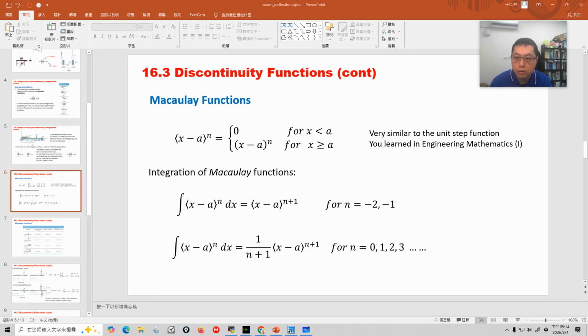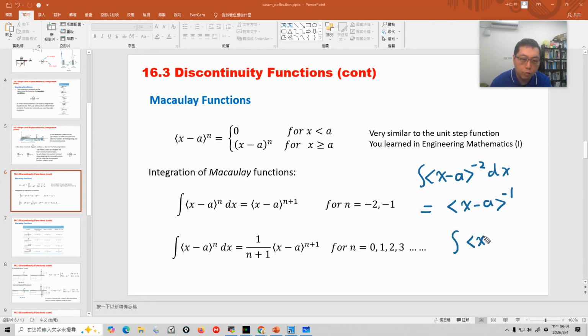So, for example, if you have x minus a to the power -2 and do the integration, it is equal to x minus a, just adding 1 to the power, so it becomes -1.